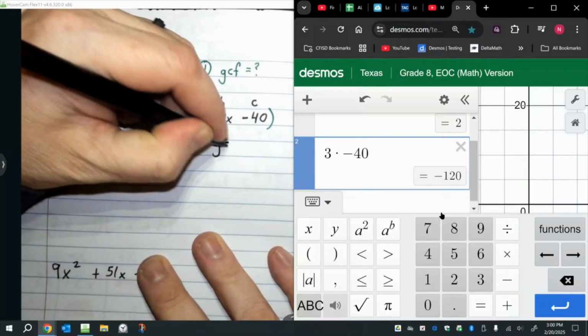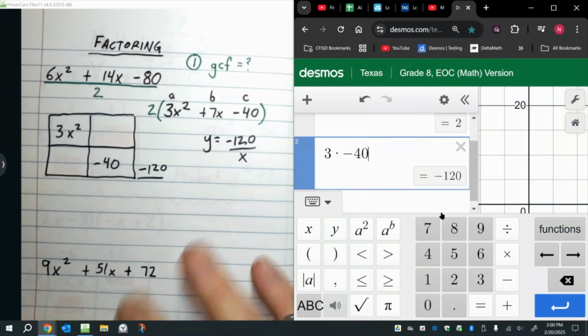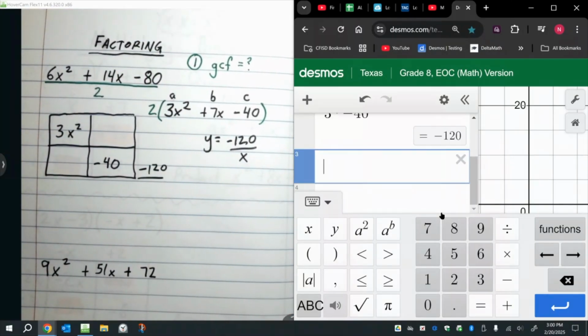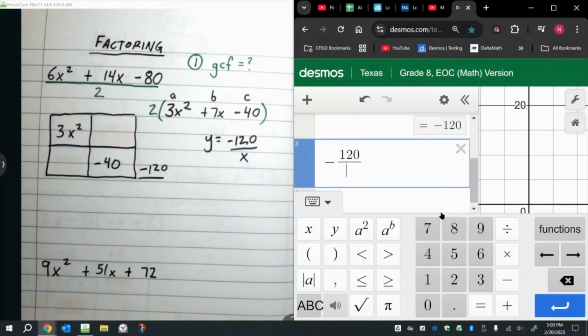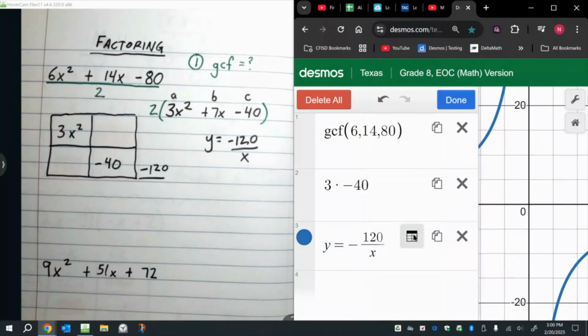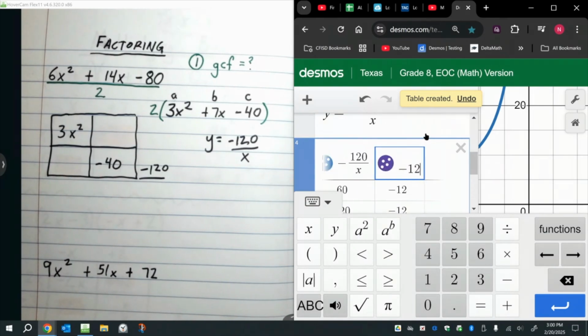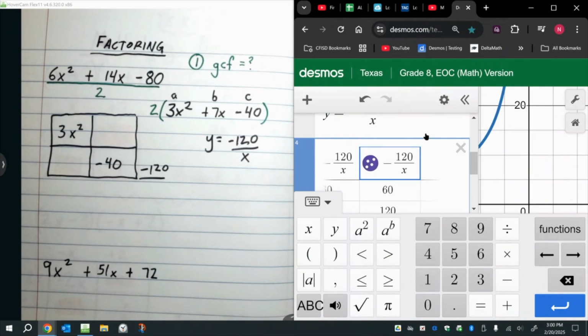Then in my calculator, I'm going to take negative 120 and divide it by x. Oh, I need to make this y equals so I can turn it into a table. And then say I need negative 120 divided by x, arrow over, plus x.